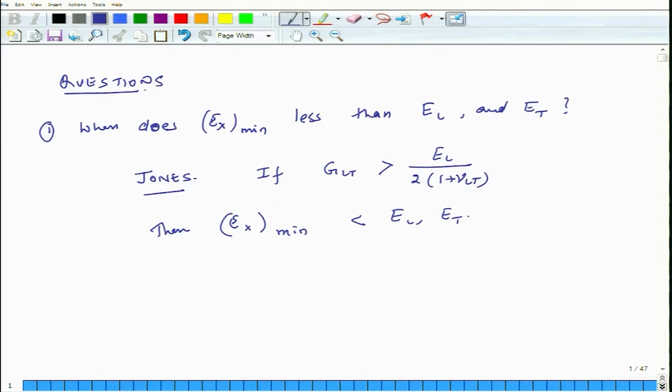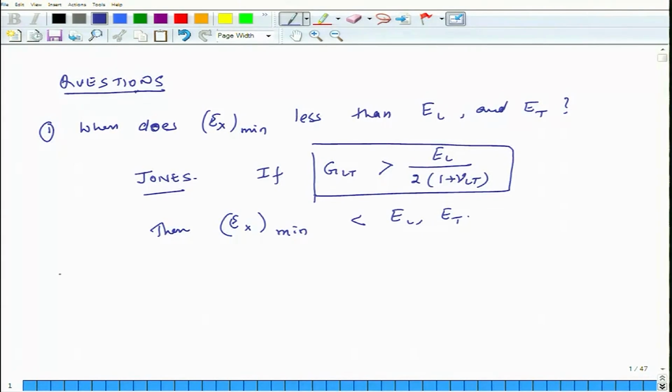Okay. So, this is the first question. So, if you find that in your composite system this condition is being satisfied, then you will have a situation that for certain value of theta, the value of Ex will be less than EL as well as Et.